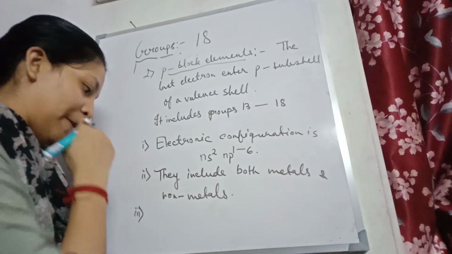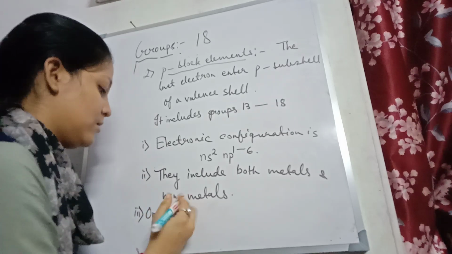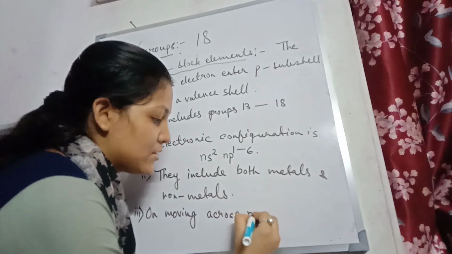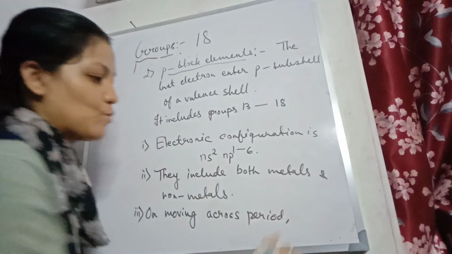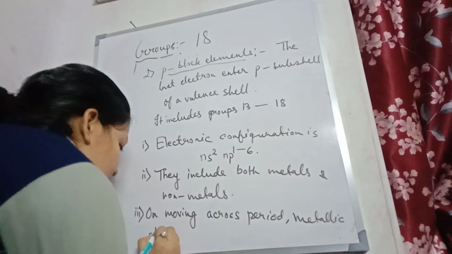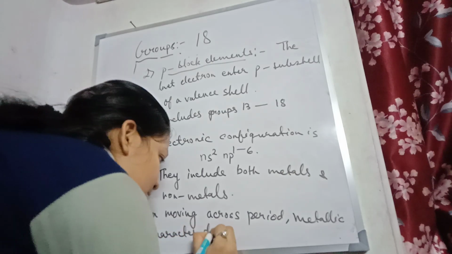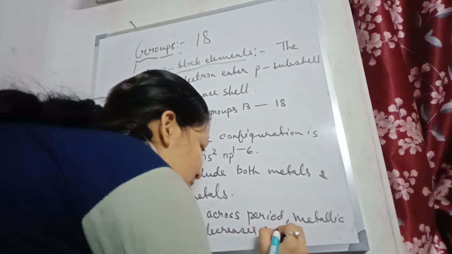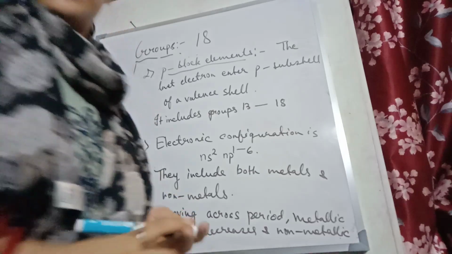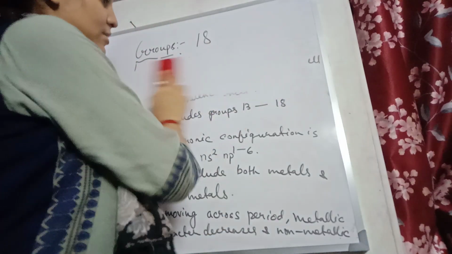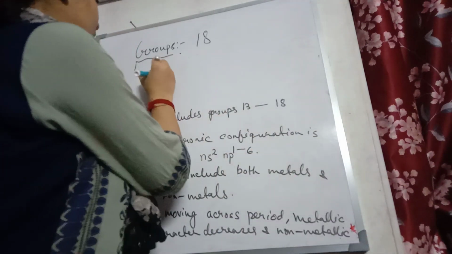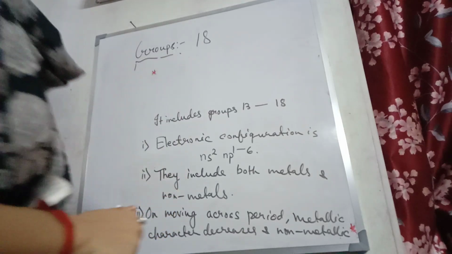So on moving across a period, metallic character decreases and non-metallic character increases.